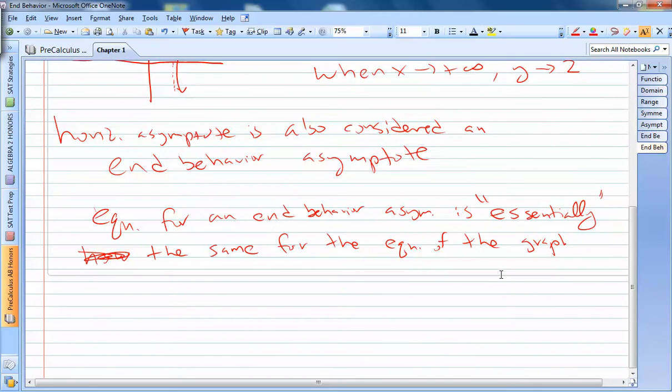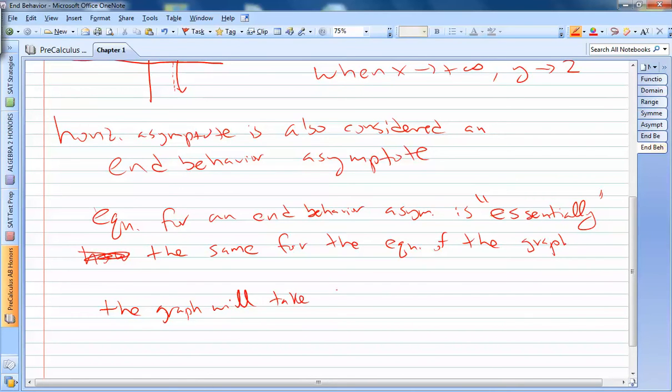What I mean by that is that the graph will take on a shape or curve that's similar to the end behavior asymptote.